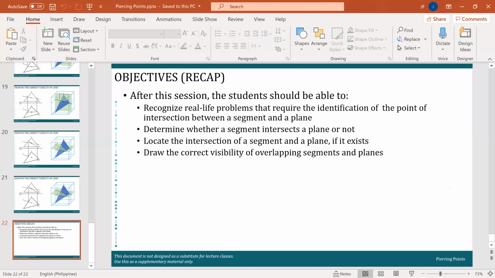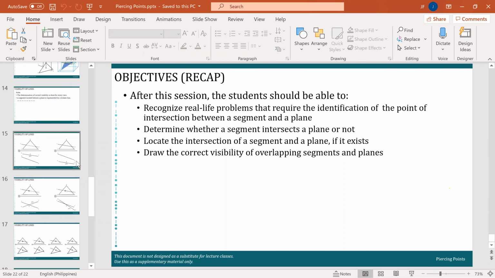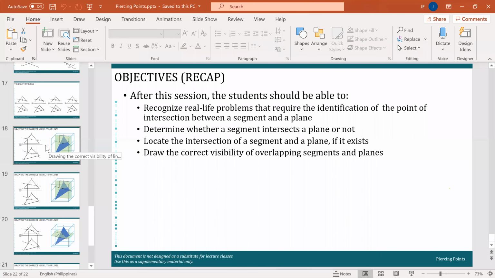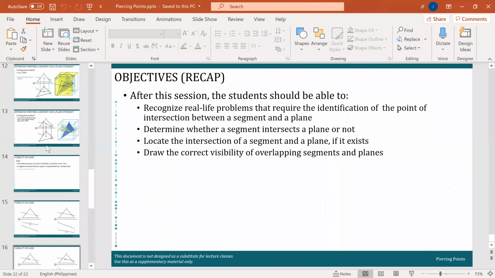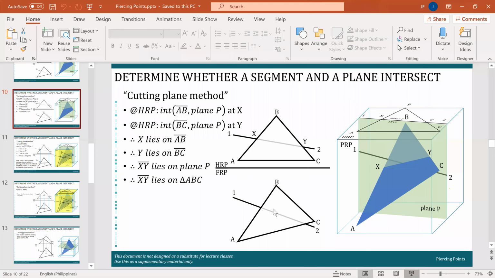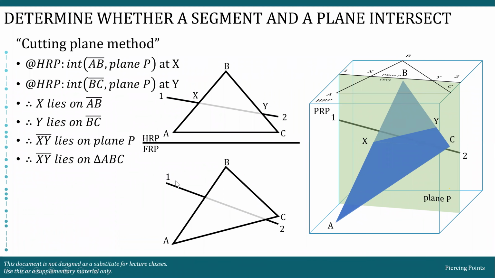Okay. Paanong mangyayari kapag wala palang piercing point yung plane at saka yung line?